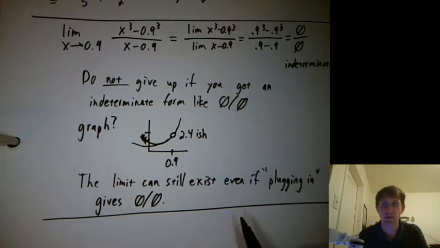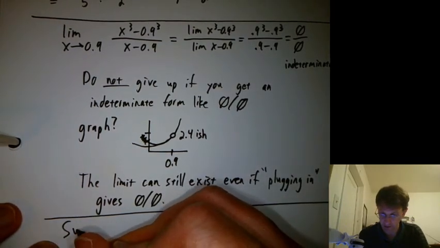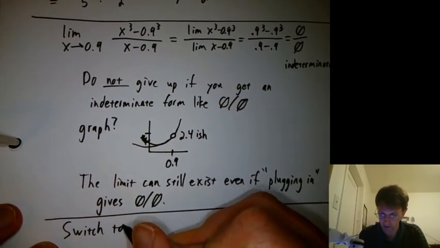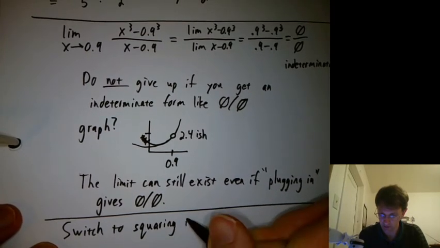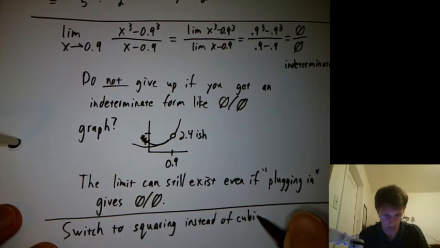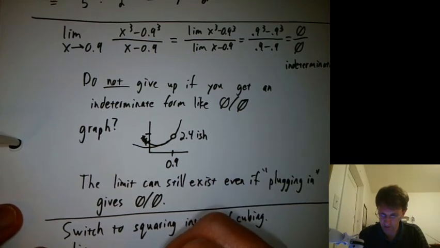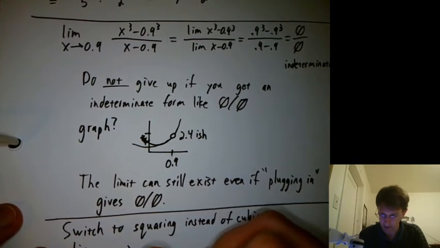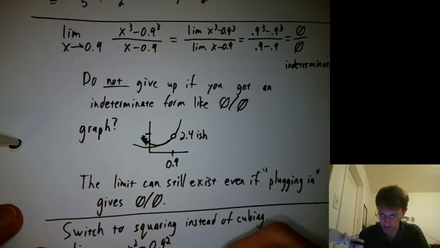To simplify the algebra, I'm going to switch to squaring instead of cubing. You could really go play with the cubing if you want to. So we're going to say, what's the limit as x goes to 0.9 of x squared minus 0.9 squared over x minus 0.9?